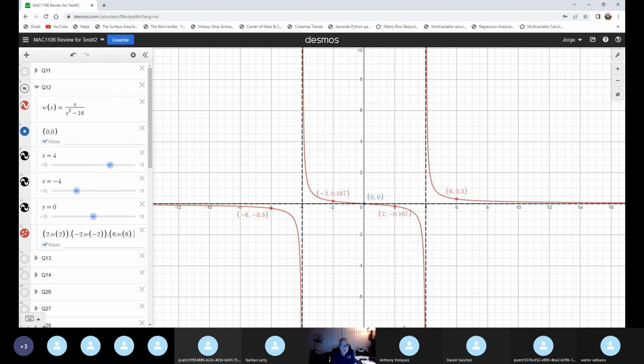Okay, that page. Let me zoom. 13. I want to go with 13. Look, 13 is f of x equals x squared plus x minus 6 divided by x squared minus x minus 2.